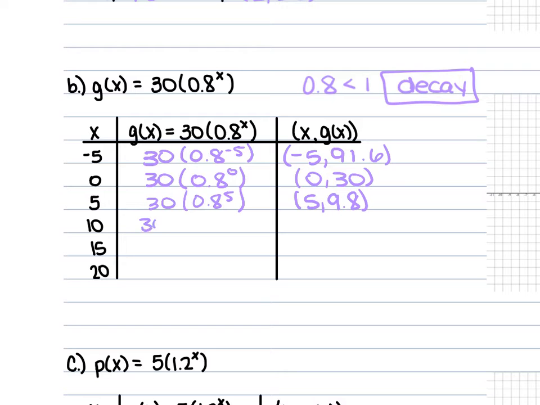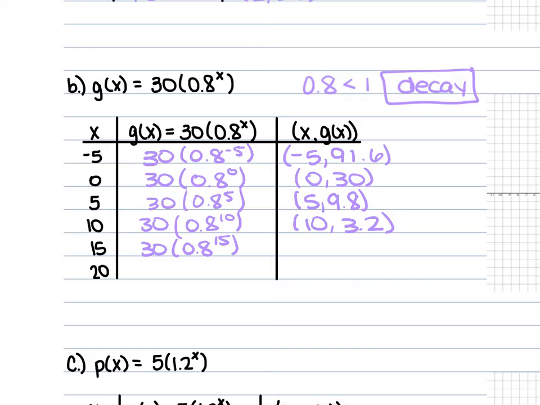For 10, we have 30 times 0.8 to the 10th power. So 0.8 to the 10th power is going to be 0.1, and if we multiply that by 30, we get 3.2. So that's 10, 3.2. For 15, we have 30 times 0.8 to the power of 15.